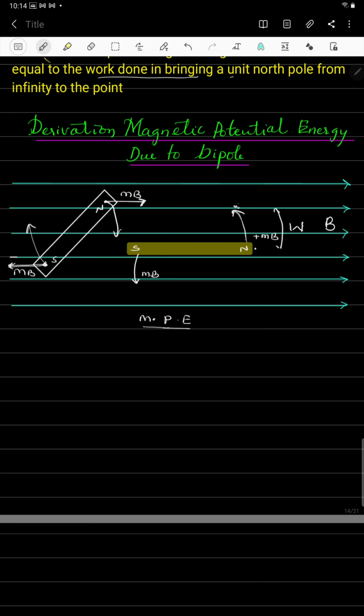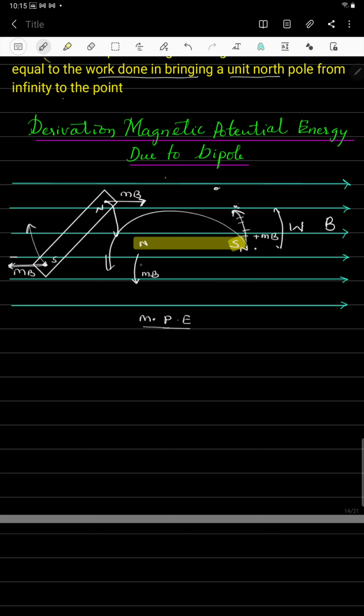The work done in bringing a unit north pole, it means wherever you take the unit north pole from infinity to the point, from this point to this point, from here to here. We'll consider this is the south pole and this is the north pole.